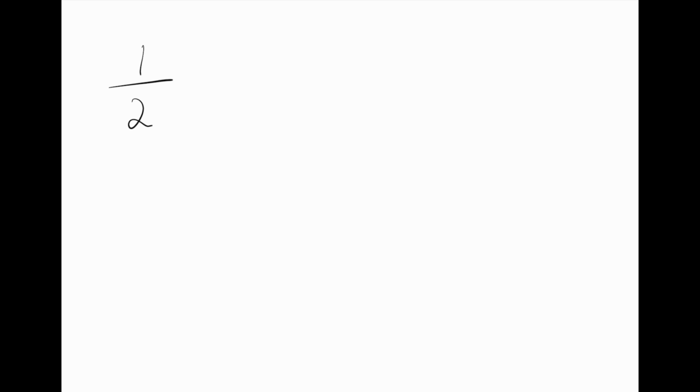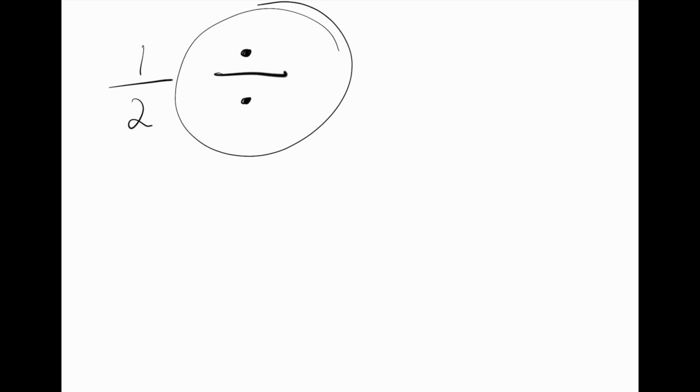What a lot of people don't realize when they look at fractions is that they're actually division problems. When we look at a fraction, it's basically one number over another number. Look at what that looks like: a division sign. And because it looks like a division sign, it actually is a division problem.